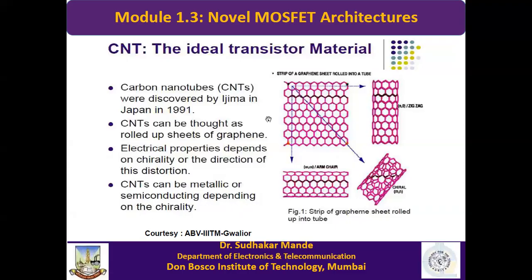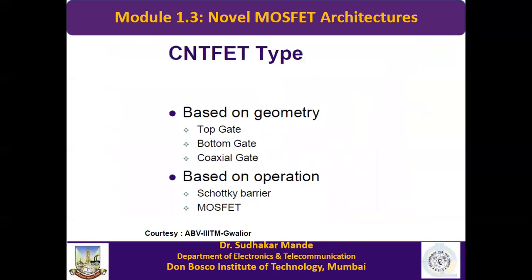Basically, it's a very, very thin sheet of graphene material which is rolled off, with a diameter of 1 or 2 or 5 nanometers. And it's very robust. From a graphene sheet we can fabricate a CNT FET.